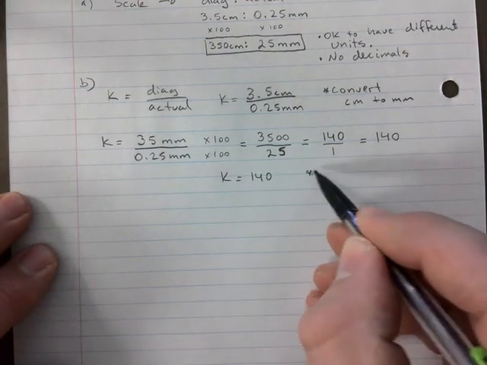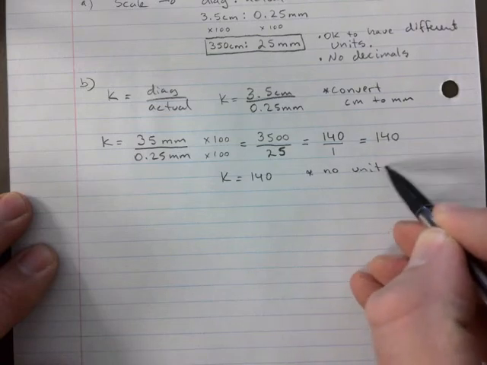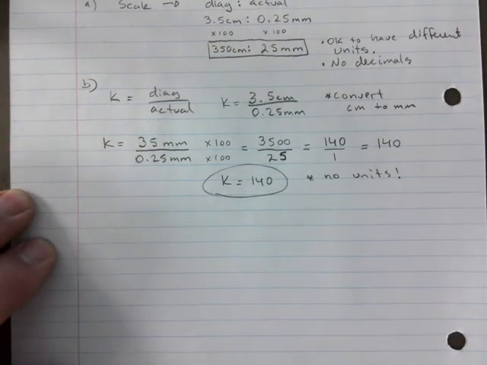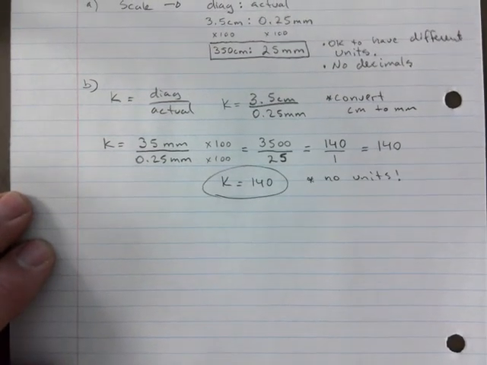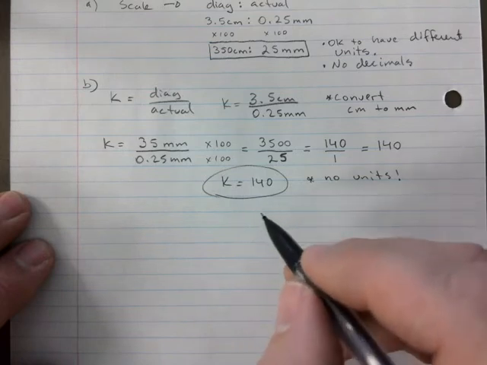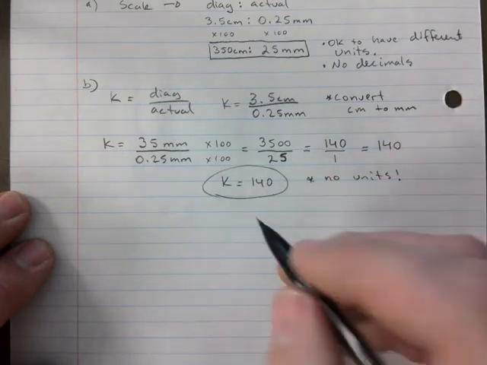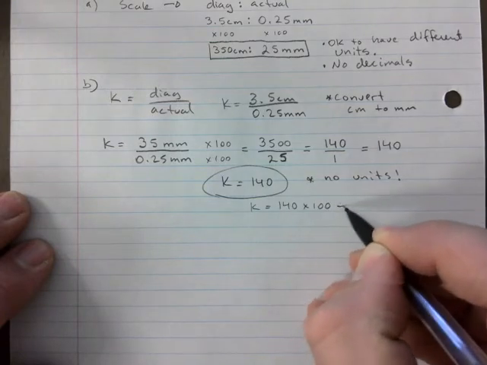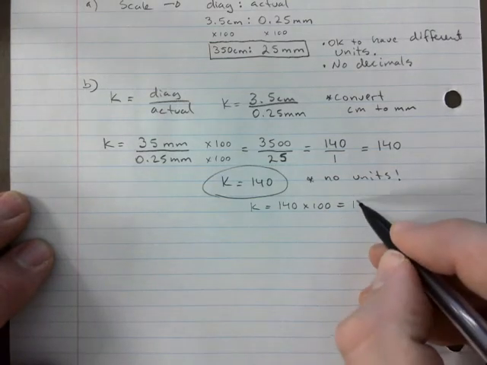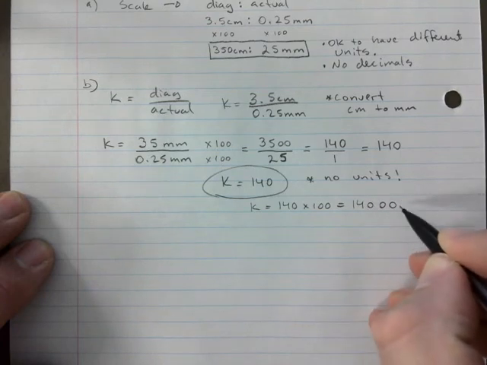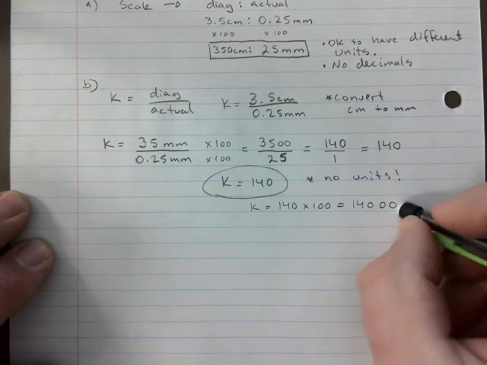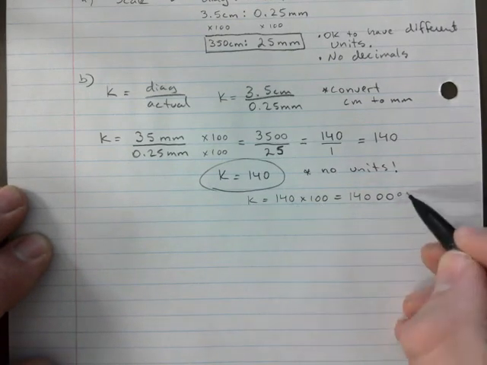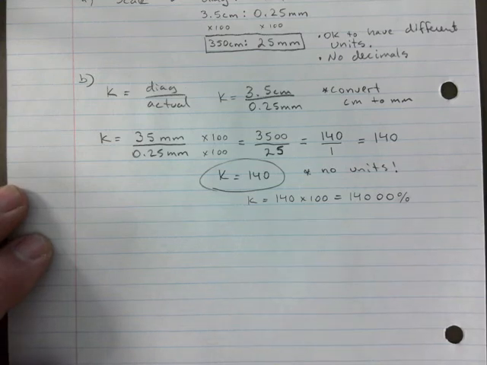No units. Okay, that's my final answer. Wait a minute, what about decimal? What about percent, Mr. Dirksen? Decimal you can't do, but percentage, just go 140 times 100, that is 14,000%.